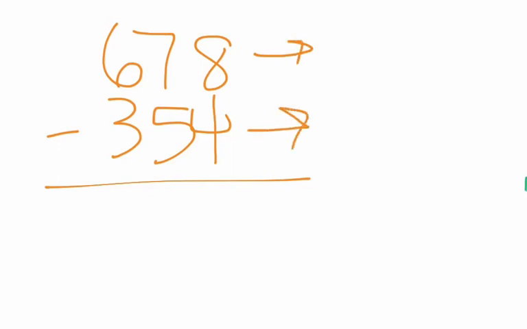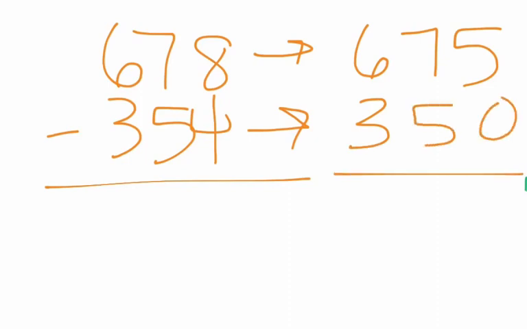And I'm going to rework it to say 675, because remember, that's compatible and it's in quarter. 75 is a number we do like to work with, and it's not too far off 678. And then I really want to make sure that we keep this number pretty close as well. So I know 350 is also a nice number to work with.